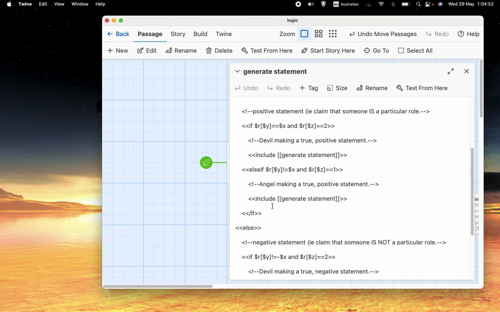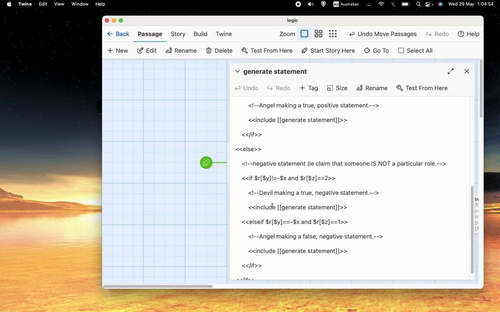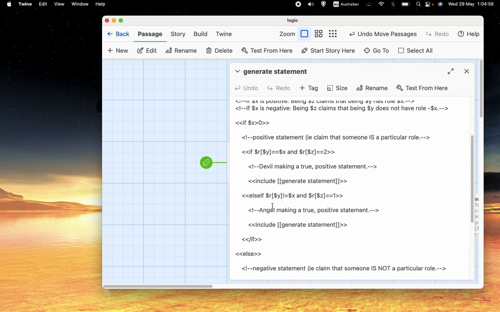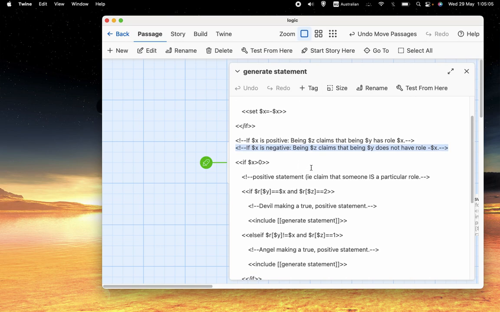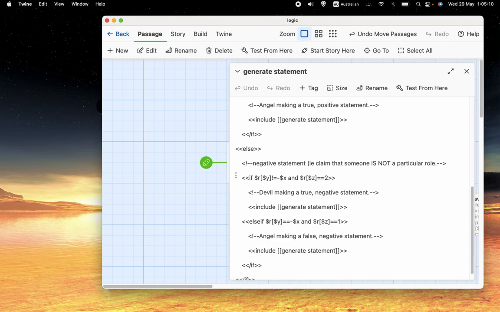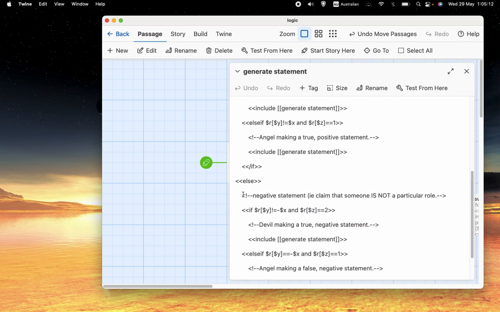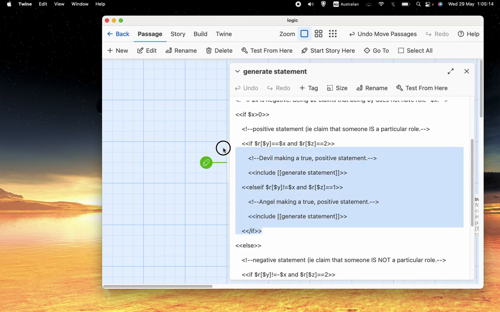So now, when we're checking whether a statement is true or false, we have to add a couple of cases, because we have to deal with these cases where someone's claiming that somebody does not have role minus X. So I've divided it into if X is over 0, else do that. Now, previously X was always over 0, so the code that was there before is just as it is, but now it's within this if X is over 0.